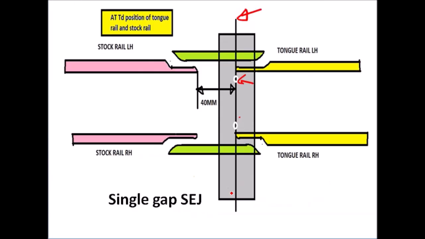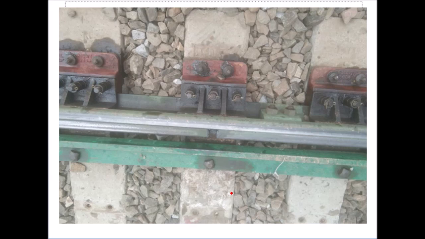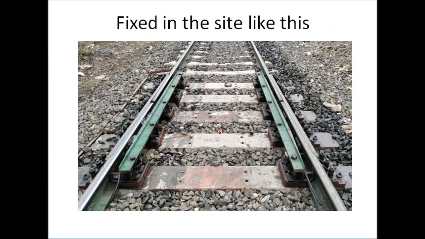This is the mean position of SEJ. You can see this is the bolt here, center of the bolt, center of the sleeper. If you draw a line, this tongue rail tip should touch it. So now let us say in mean position we have installed LH SEJ and RH SEJ, like that.